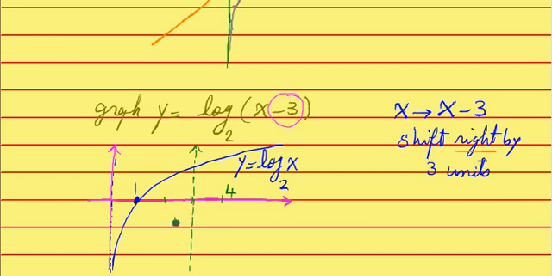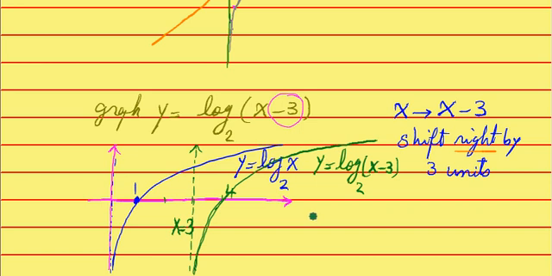So this is the new asymptote, x equal to 3. Here is the graph of this function. This is y is equal to logarithm of x minus 3 in base 2.